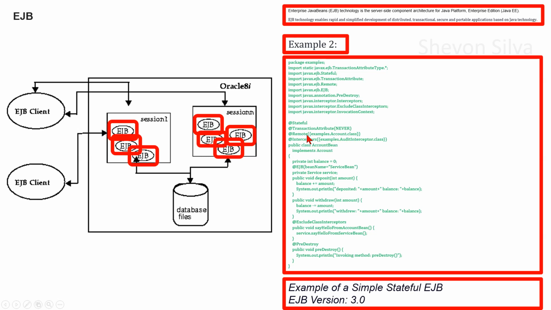In this case, it is the same as the business interface Account. The class-level @Interceptors(example.AuditInterceptor.class) annotation specifies the interceptor class that is associated with the bean file. This class typically includes the business method interceptor method as well as lifecycle callback interceptor methods.